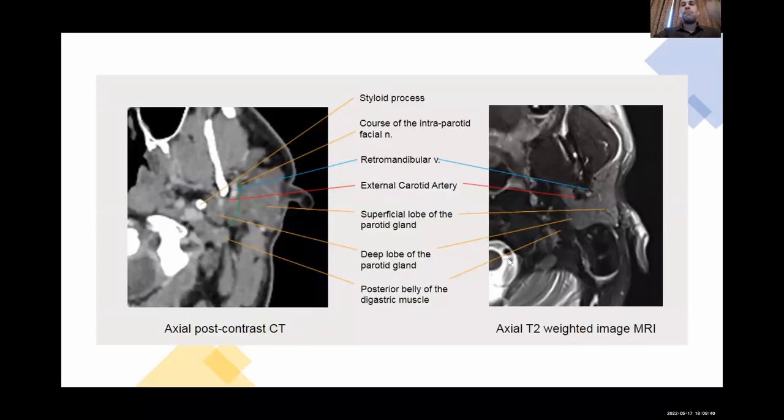Parotid imaging should start with ultrasound. When you are suspicious about anything related to the parotid gland, the first investigation of choice is ultrasound. When you find an incidental finding, the next step is ultrasound. Keep this in mind in the exam. If you find an incidental finding in the CT, what is the next step?